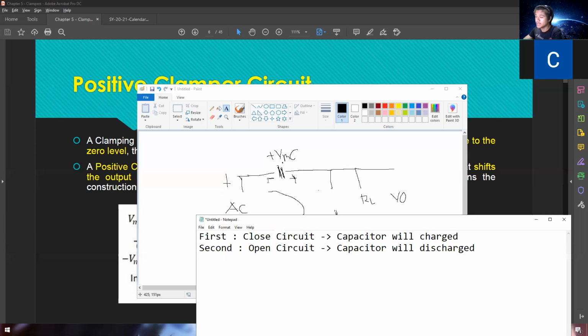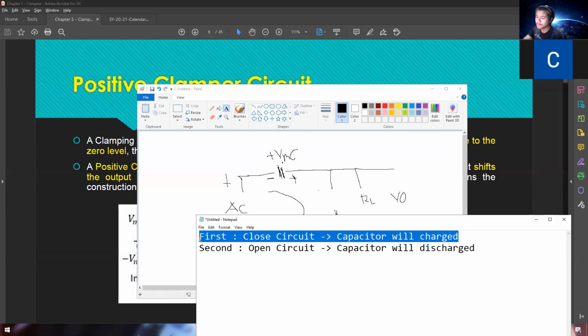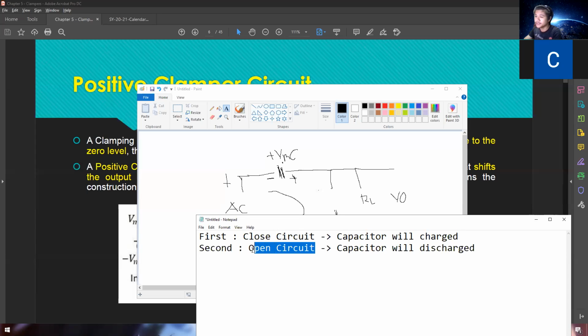And for the polarity, you should know that already, as I've already discussed what will be the polarity of your capacitor. So first, look for a case wherein you'll get a closed circuit, and during the closed circuit, that's the only time that your capacitor will charge. And then during the open circuit, that's the only time that the capacitor will discharge. So that's the idea behind it.